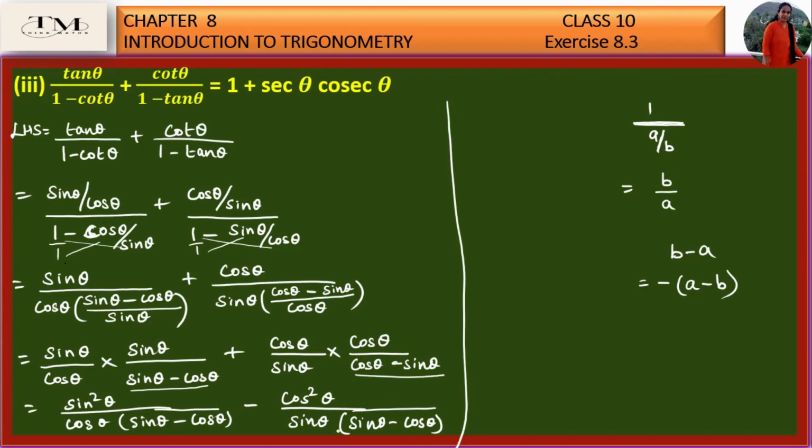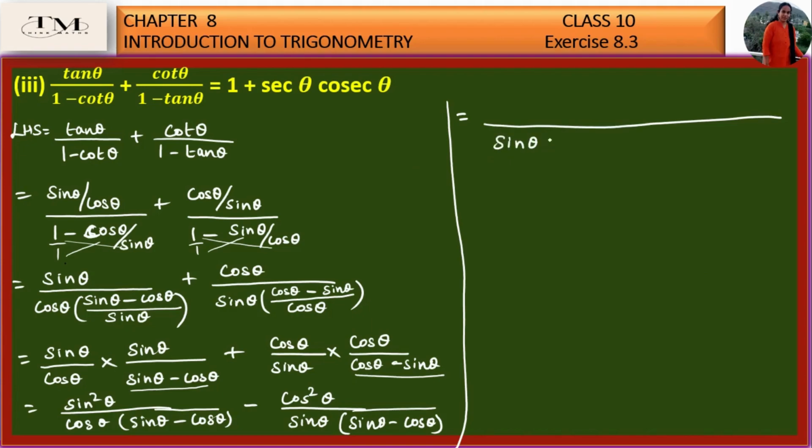Now what is in the denominator? We are going to club all the denominators, so let me erase these parts. What is in the denominator? We have cos theta, sin theta and sin theta minus cos theta. So let us take all those things in the denominator: sin theta, cos theta and the common one, sin theta minus cos theta.